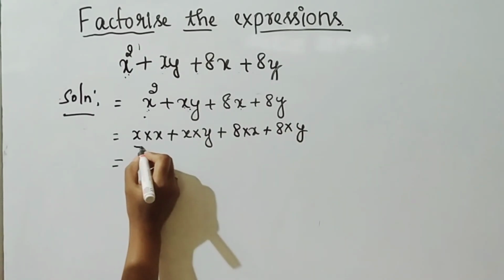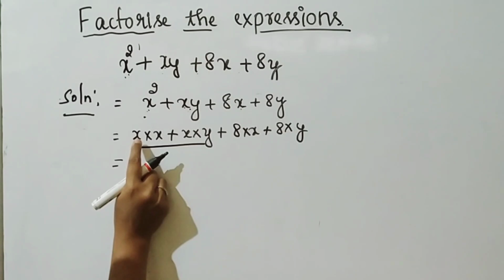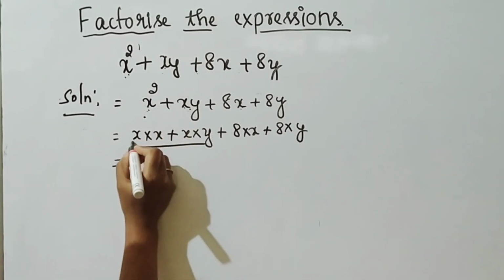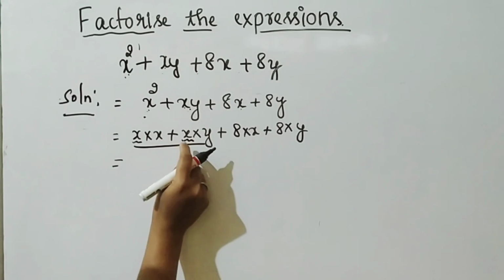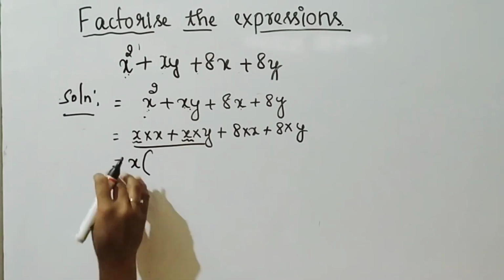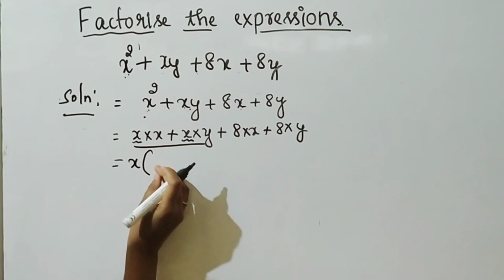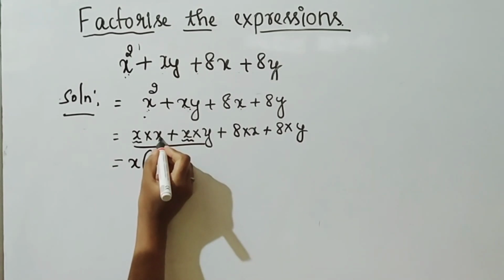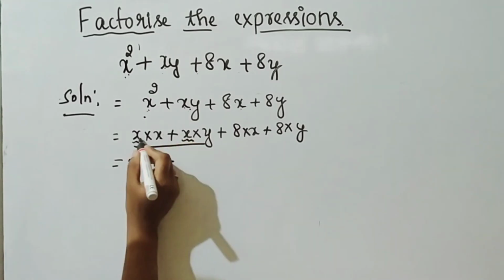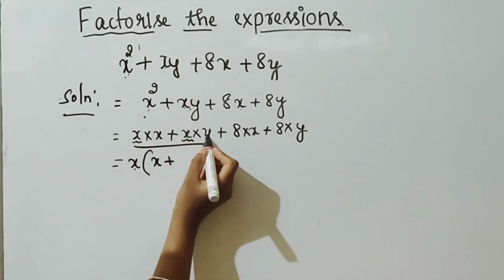Now you see in these two terms, I can find x common. Here also x, here also x. So I am going to take x outside. The remaining factors you have to put inside the brackets. So x is there. The left out factor is x plus, x already taken common, y is left out.